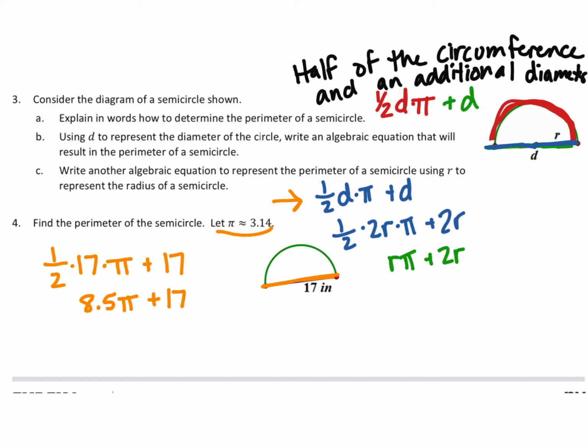We're going to use 3.14. And if you multiply this and add those together, you're going to get 43.69 inches.